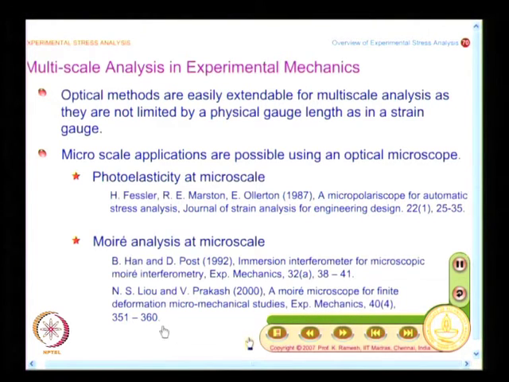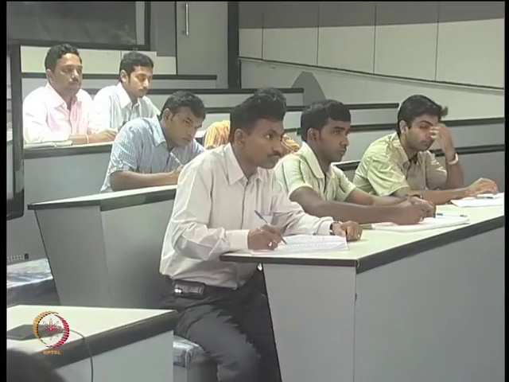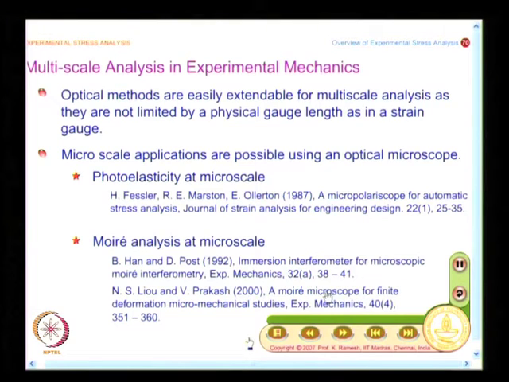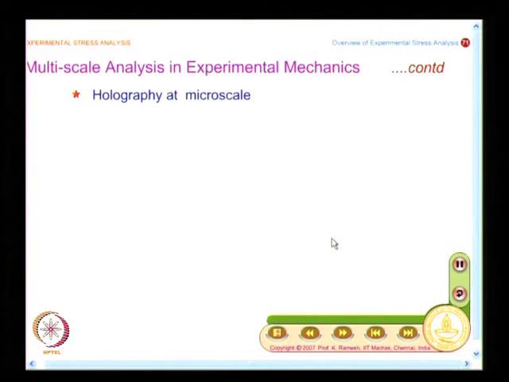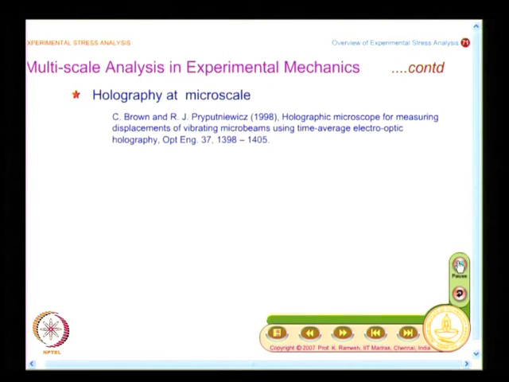This information is sufficient for you to look for these journal papers later, and likewise we are going to do it for each technique, with the available references, some of the key references. You will have several references given at the end of the paper, and that will also give you an idea of how you can go about it. Then you come to holography.